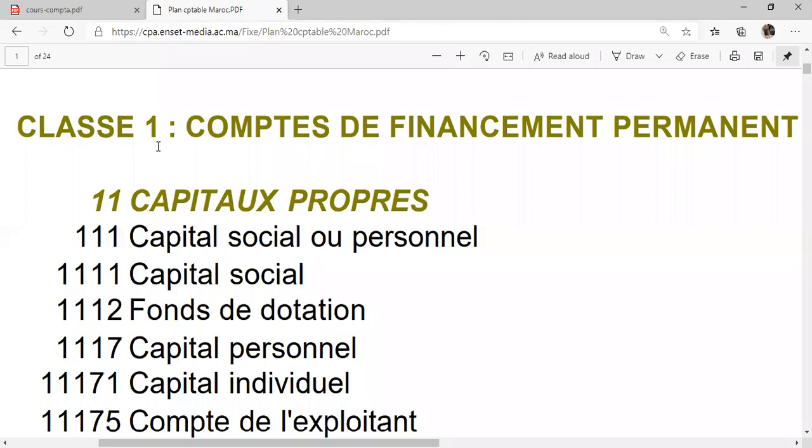We have the compte de financement permanent. To build onto the first figure, we add another figure, so it becomes two figures. The second figure, in this case, is called the capital propre. Onto that, we add another figure, which is the capital social or personnel. This is the third figure, la poste.